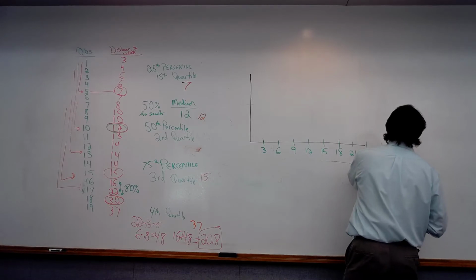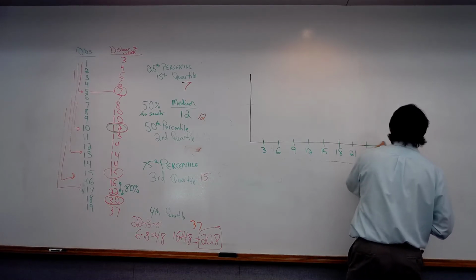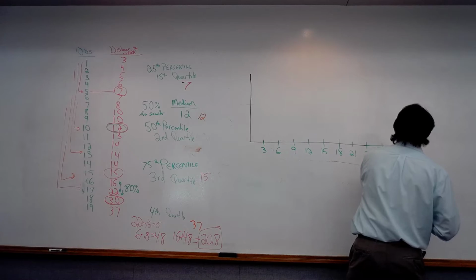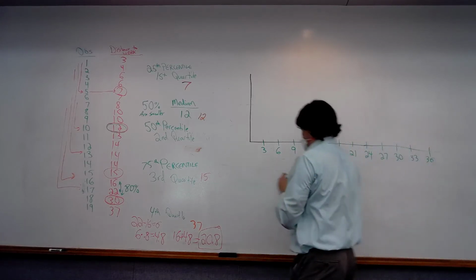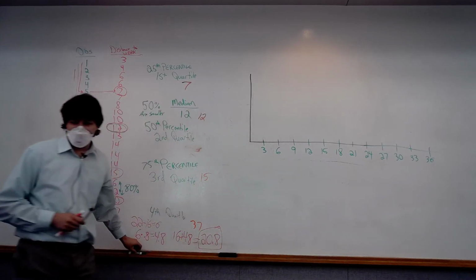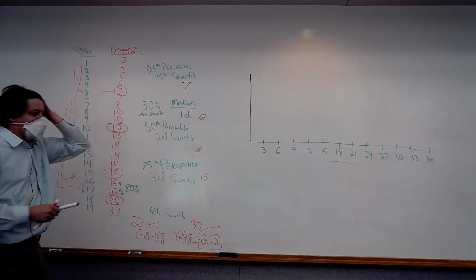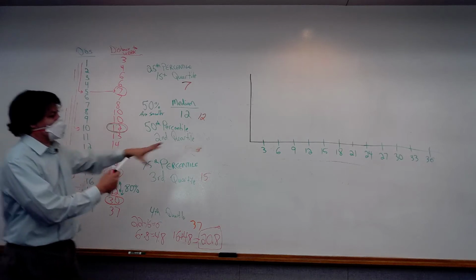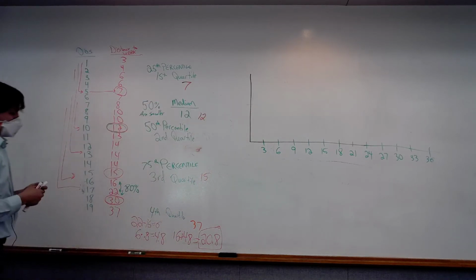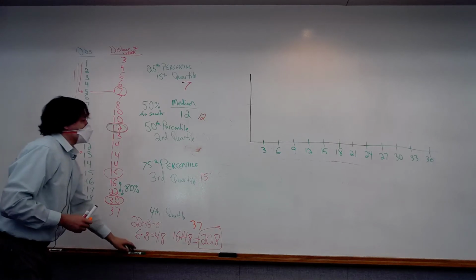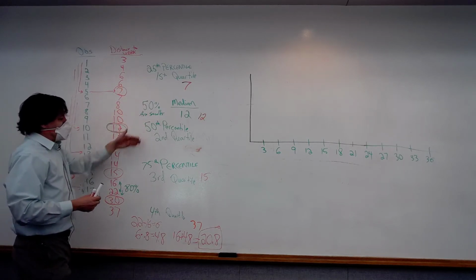Okay, that can change if you have more than one box plot you want to put on one graph, which we'll see on Friday is actually possible. But in general, there's no information here. It's just going to be kind of along this number line. But what I'm going to do is I'm going to build a box using these quartiles.